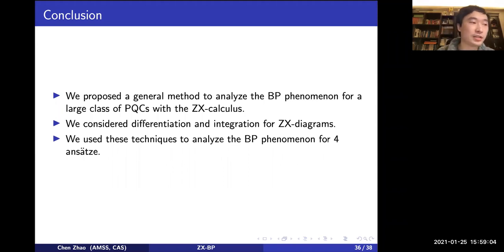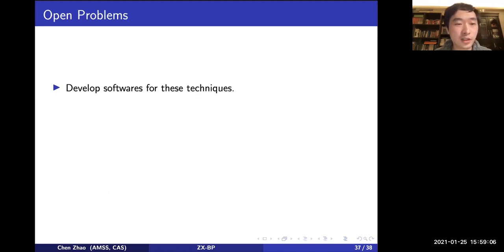But there are still a lot of things to do. First, we need to develop some software for these techniques so that we can analyze concrete parameterized circuits automatically.